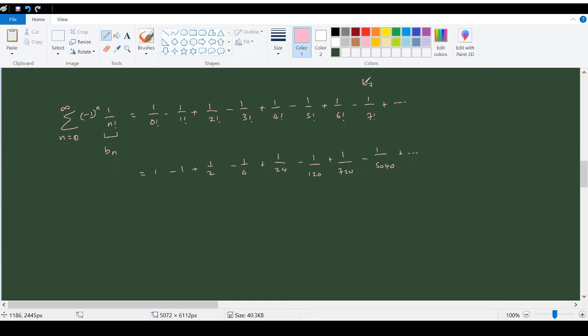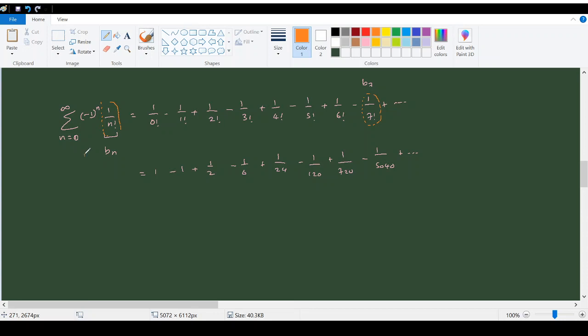Now for the sequence Bn, we only consider the positive terms, right? We do not include this negative one that is situated as the coefficient. We just consider this positive term only.